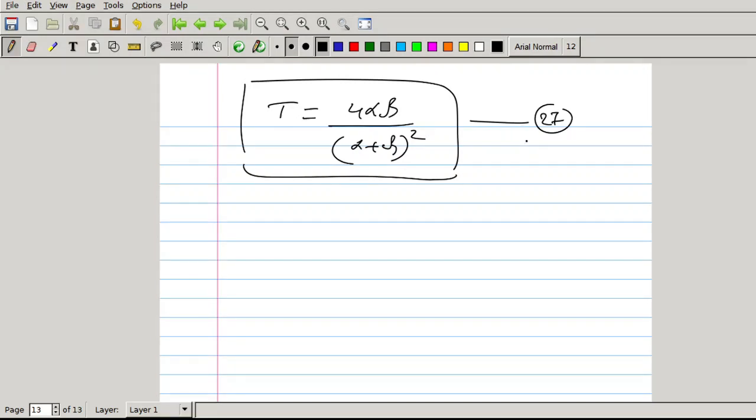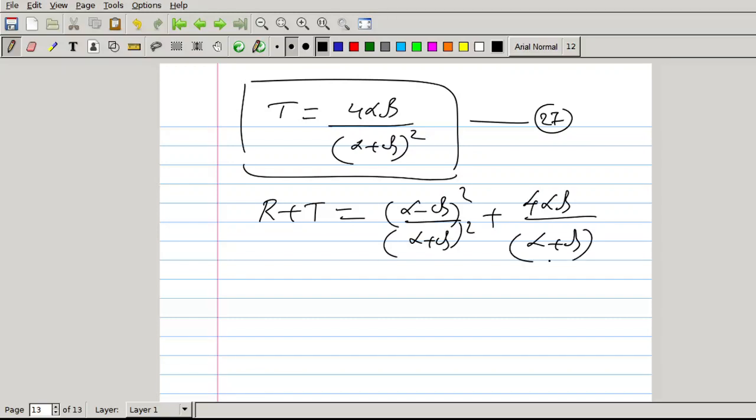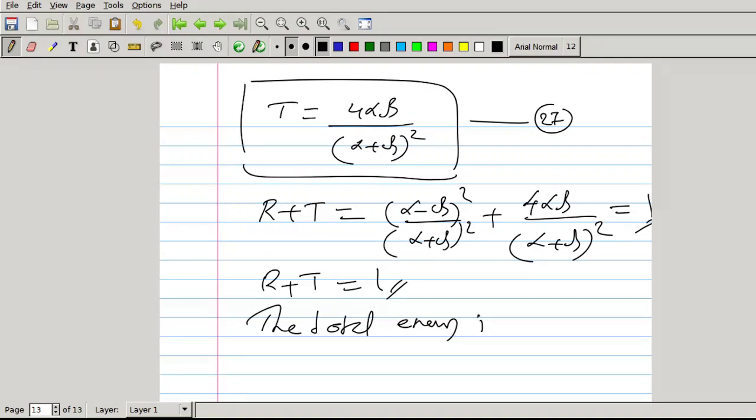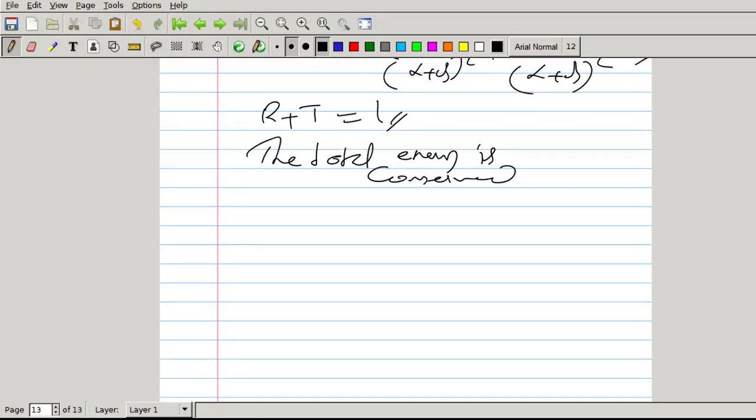So we have obtained the reflection and the transmission coefficients, and we can show that the reflection coefficient plus the transmission coefficient, alpha minus beta by alpha plus beta the whole square plus 4 alpha beta by alpha plus beta the whole square, will be equal to 1. So the total energy is conserved. So these are the reflection and transmission coefficients.